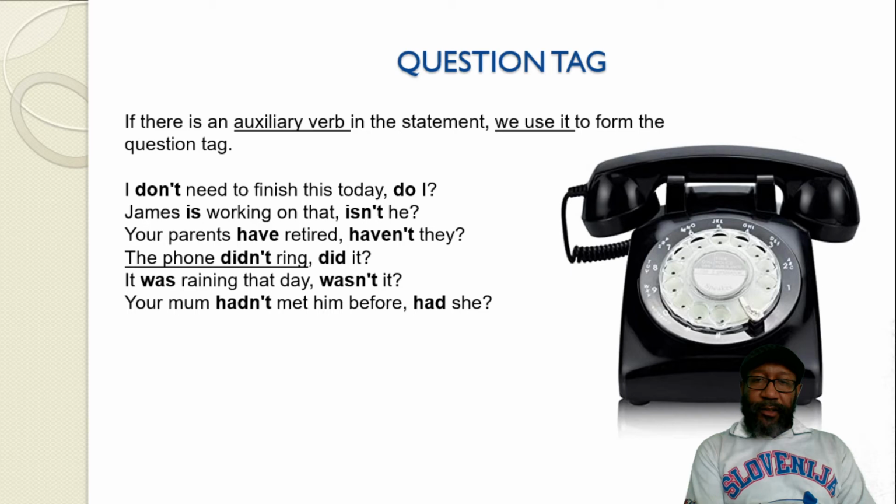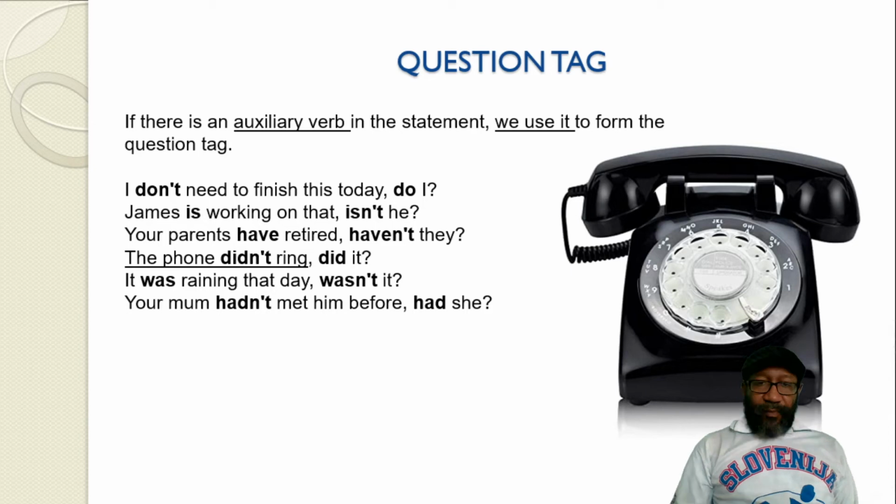James is working on that, isn't he? So James is a man, so he is the pronoun associated to him. Your parents have retired, haven't they? So they is related to your parents, and have becomes haven't.